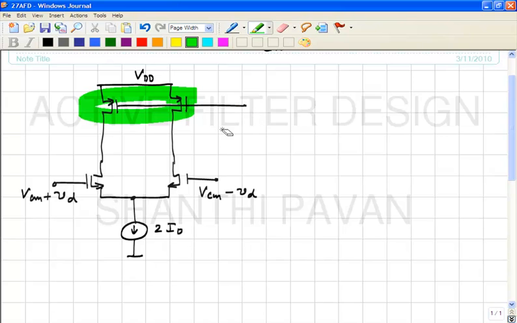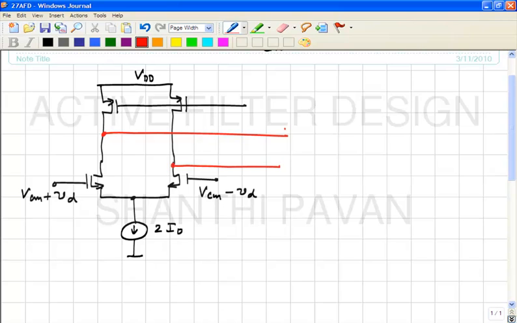To keep these currents equal to 2 I naught when added together, instead of monitoring the currents and then comparing them to 2 I naught, we said it's simply easier to monitor the common mode voltage at the outputs using some kind of common mode detector.